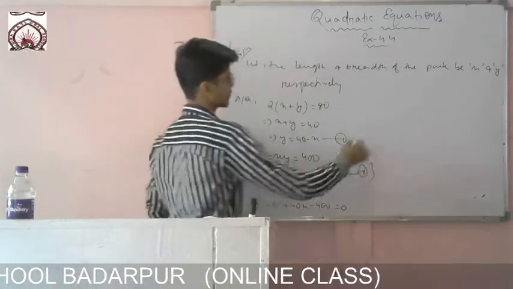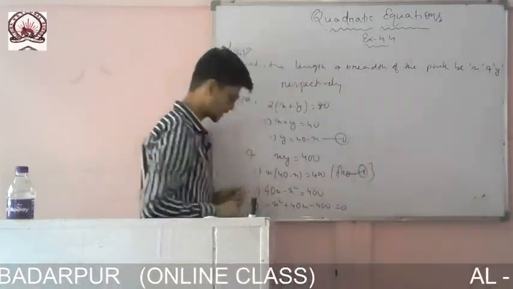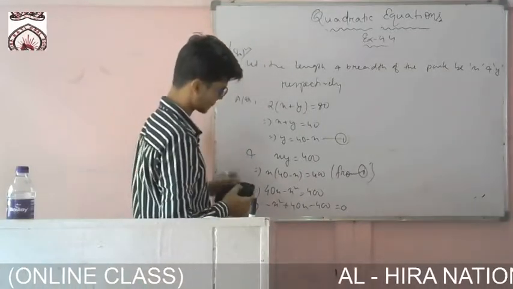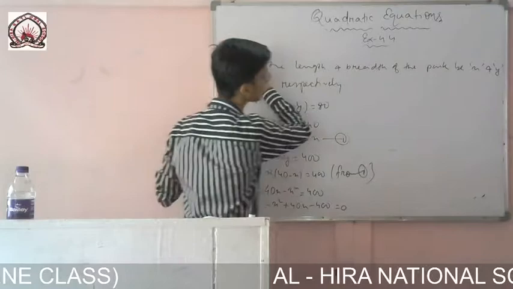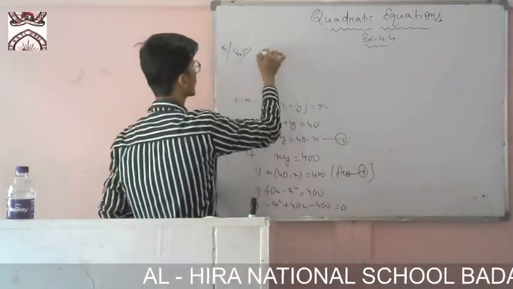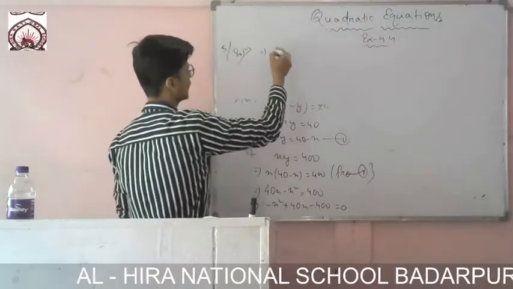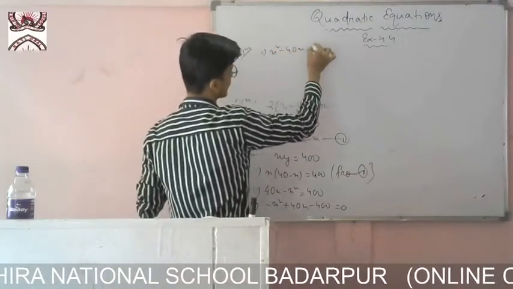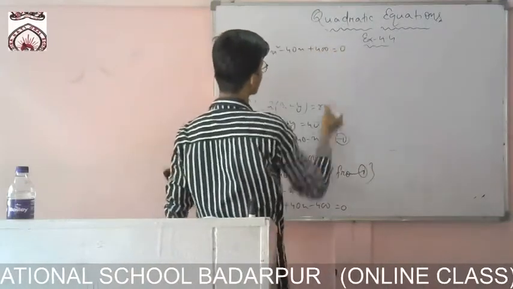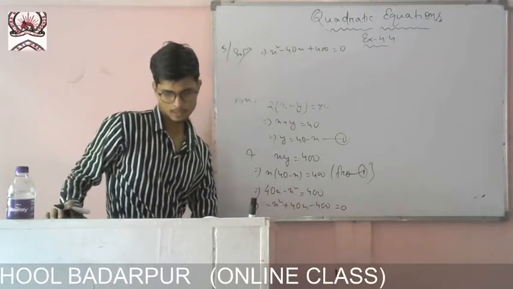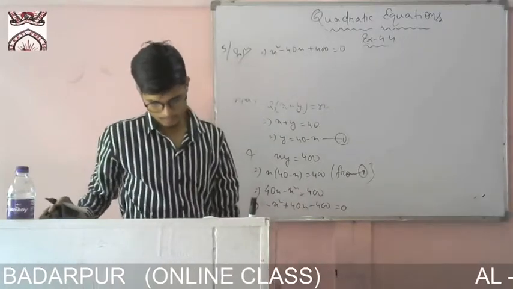Since minus sign is there, if I change this thing, then it will be x square minus 40x plus 400 equals to 0.